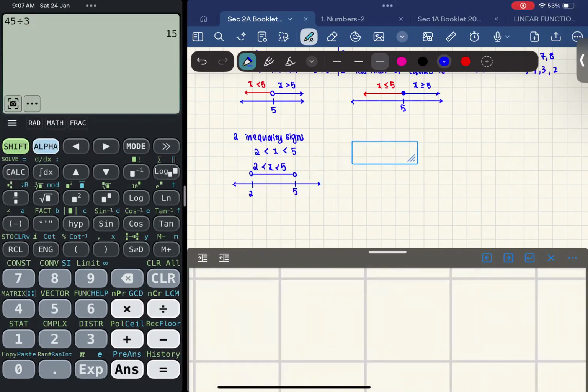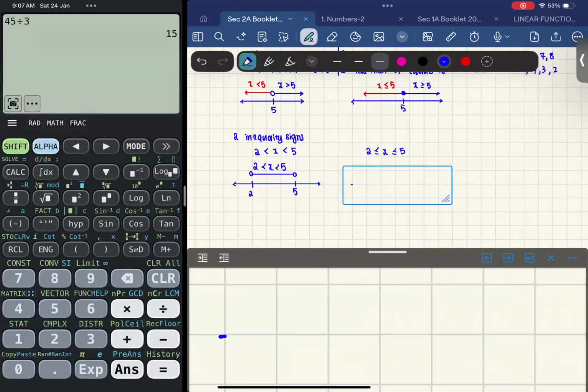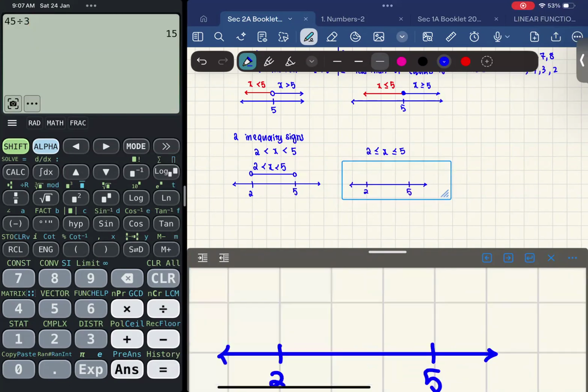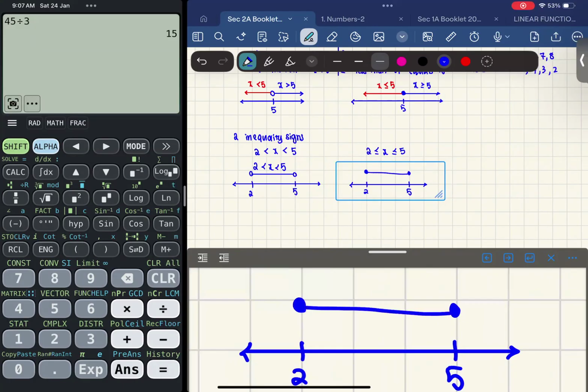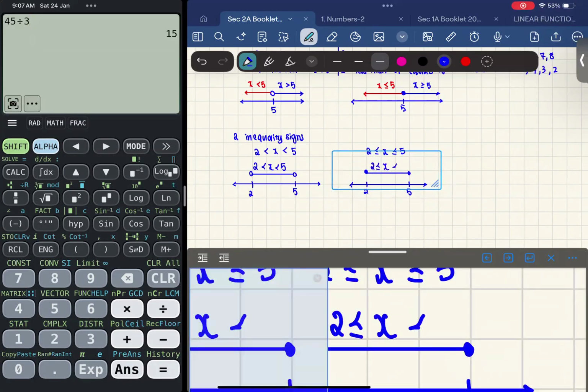If let's say 2 is less or equals to x is less or equals to 5, the number line is the same, but your circle changes to a shaded, bolded circle. So this is 2 is less or equals to x, less or equals to 5.